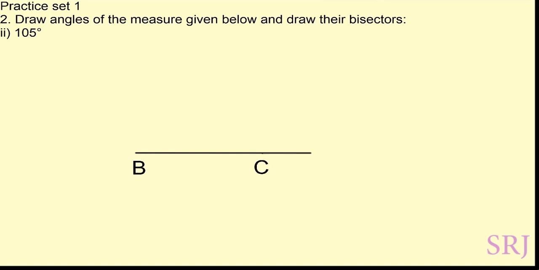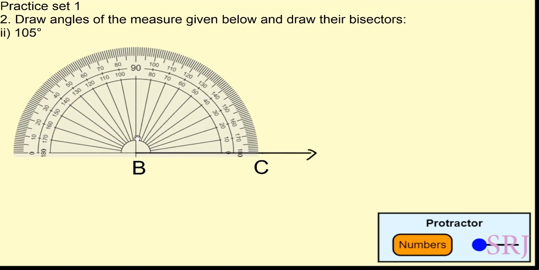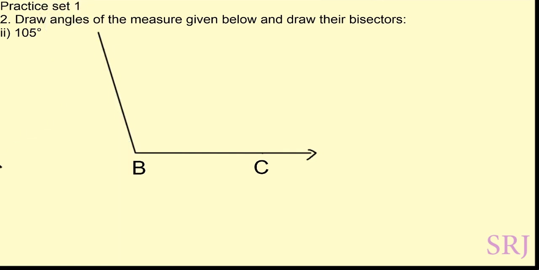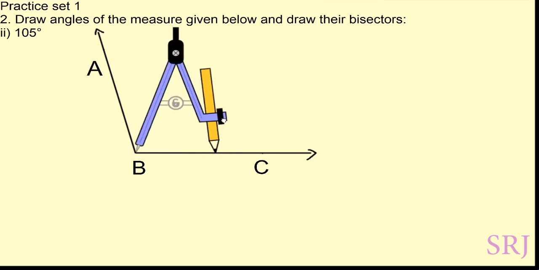Then name it as B and C. Draw an arrow at the end of point C. Place a protractor on point B and mark 105 degree. Take a scale and draw a line. Draw an arrow at the end of the ray and name it as A.